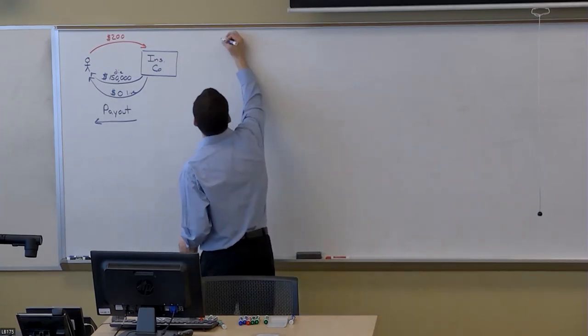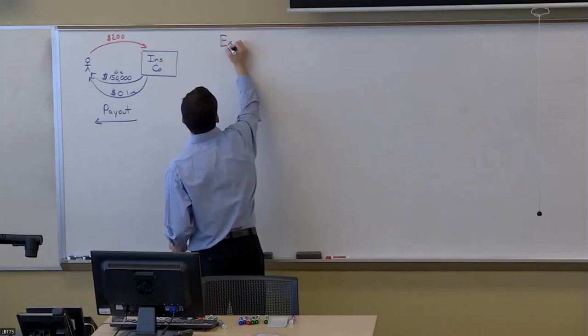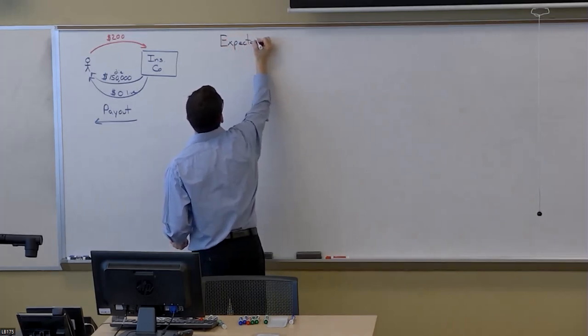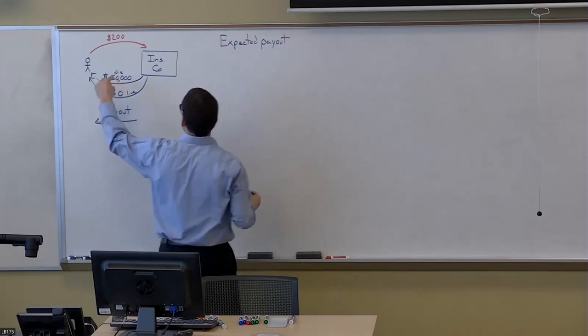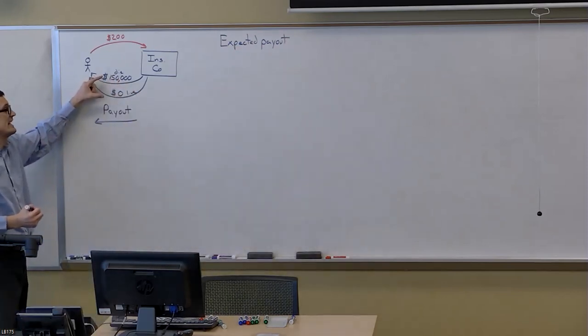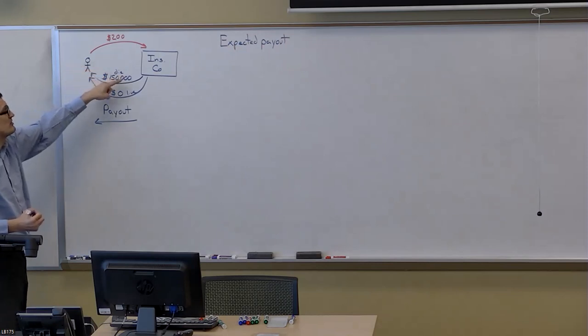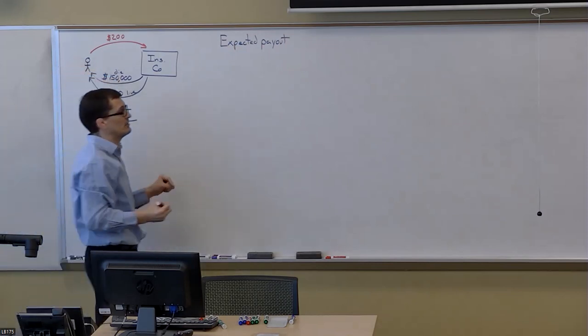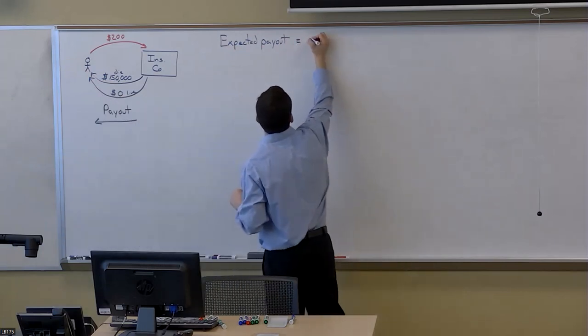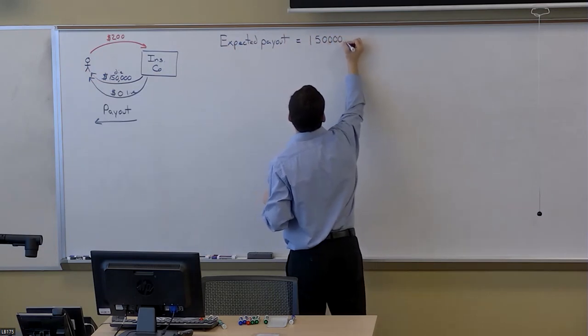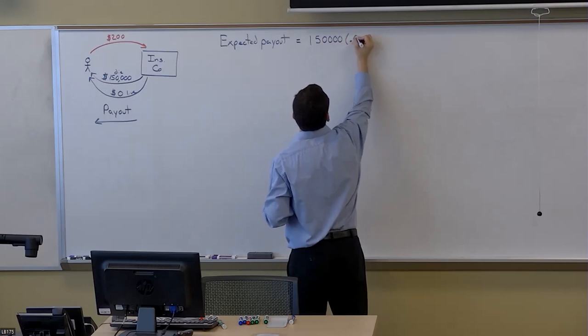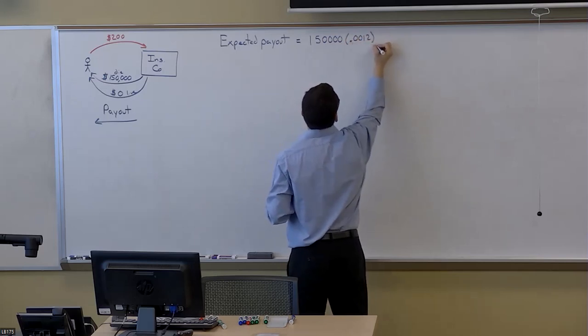So when we want to find the expected payout, all we have to do is say, well, we want to find the average payout. The probability that the person dies, it's in the problem set based on the empirical data, is going to be 0.0012. So I'm going to take this payout and multiply it by the chance that the person dies.